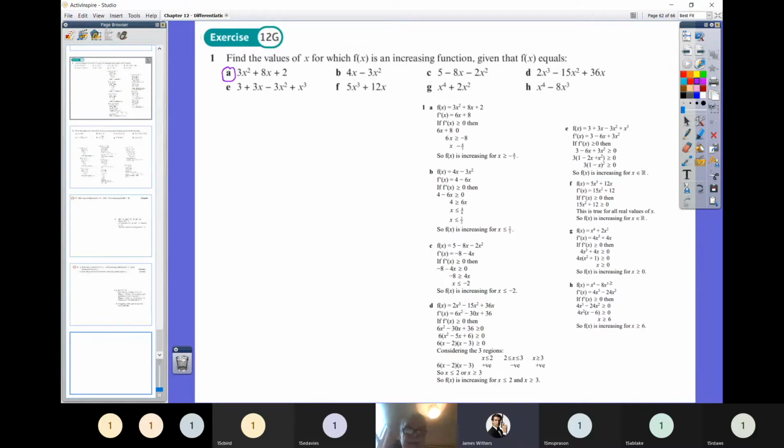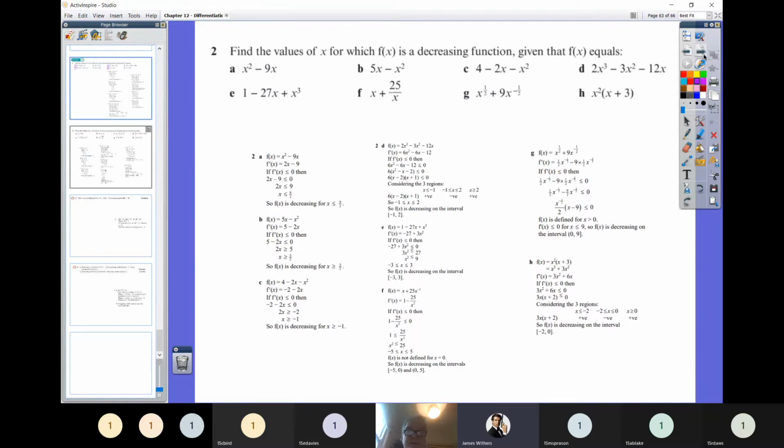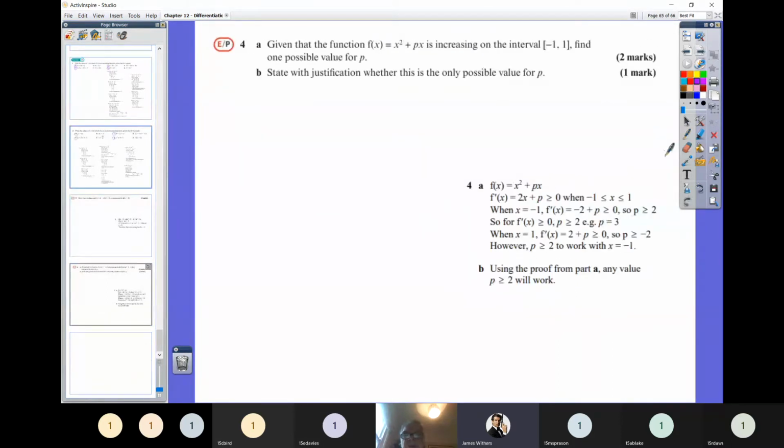So let's do A, C, E, and G. And similarly, when we get on to question 2, let's do the same. Let's do A, C, E, and G. And then when we get on to question 3 and 4, they're not long, but if we could just do those, try and make sure we get those done in the hour, that would be great.